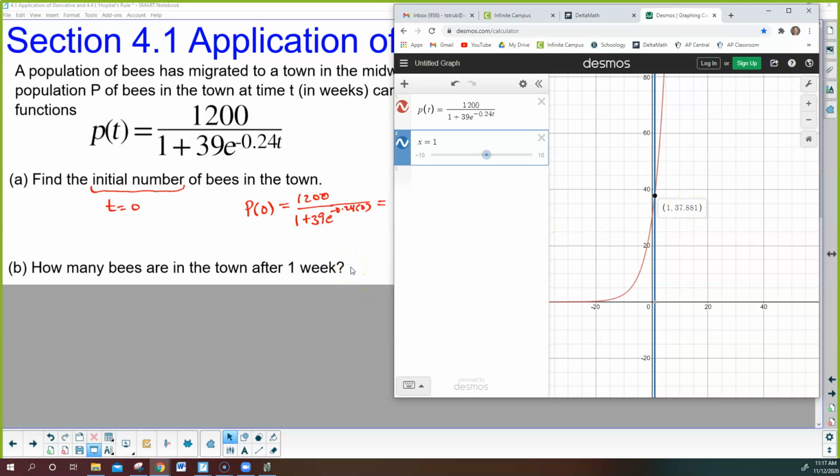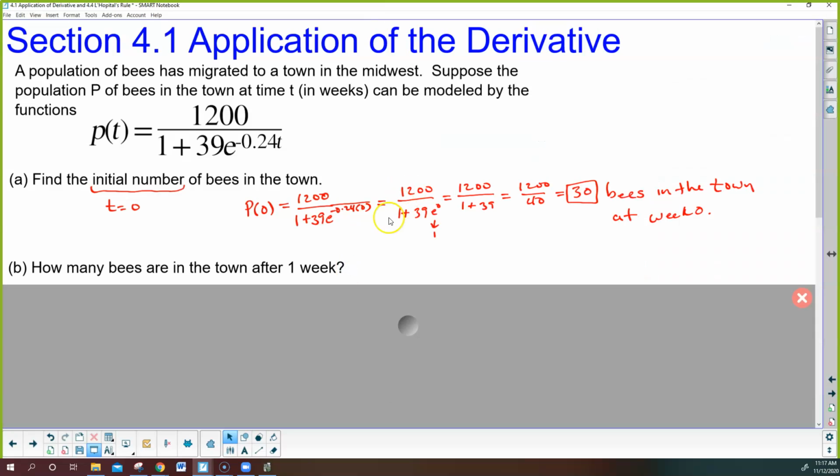So this would be my answer: when t is 1, the population is 37.888, which if we're rounding it to bees, we would say 38 bees at week 1.